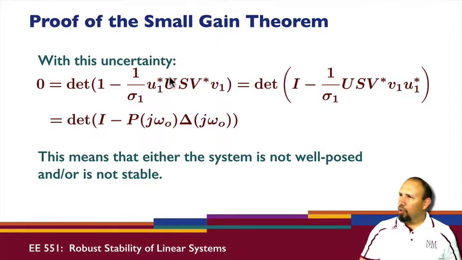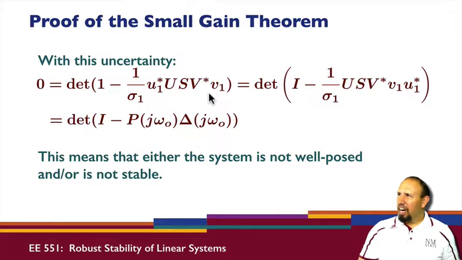So this quantity becomes a column of the identity matrix, actually the first column of the identity matrix, and this quantity here becomes the first row of the identity matrix. So when I multiply these three things together, it picks off the 1, 1 element of S. The 1, 1 element of S is in fact sigma 1. So 1 minus 1 is what we have here, and that's a scalar, that's 0, and the determinant of that is 0. So that's where this part of the equation comes from.